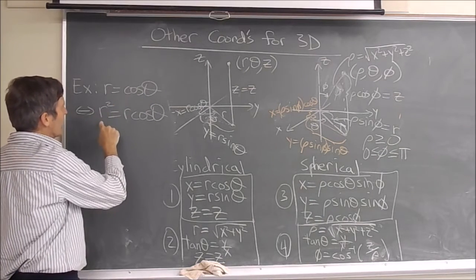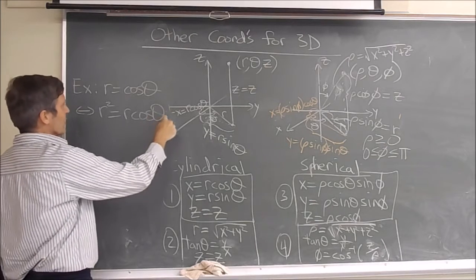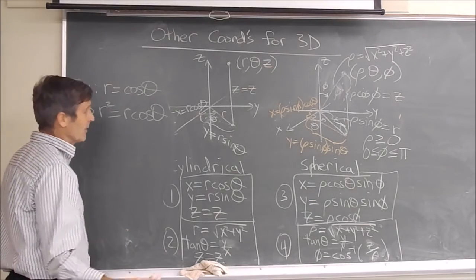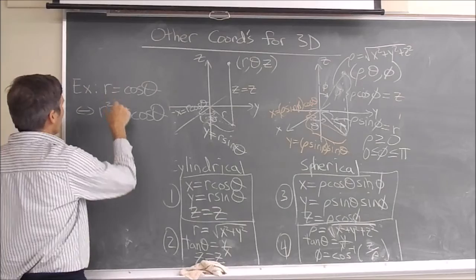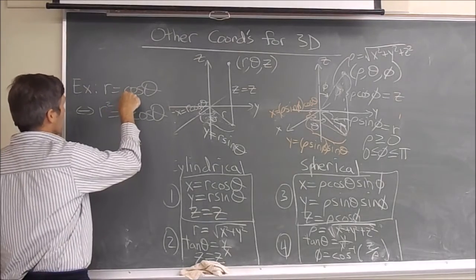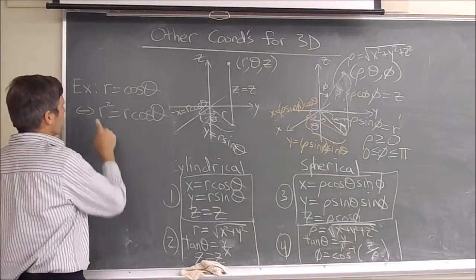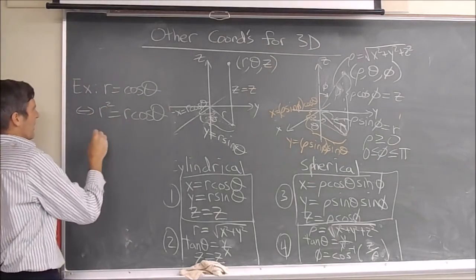So even though I have some new solution pairs r theta, here theta could be pi over 6 and r could be 0 and would satisfy it, but not here. I introduced some new pair of solution r theta, but I introduced no points in 3 space, right? The origin is a solution here. The origin was already a solution. No new points, so I'll say these are actually equivalent. I can multiply both sides by r since the origin was already a solution. I don't have to throw it out now.